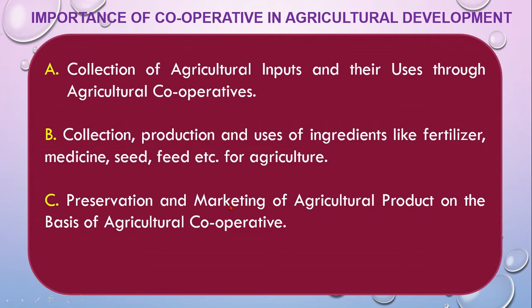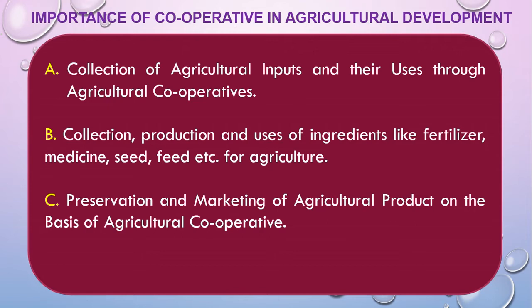So what will be the importance? First one is collection of agriculture inputs and their use in agriculture production. That means if we collect agriculture inputs like fertilizer, seed, livestock feed, poultry feed, fish feed, insecticide, farmers can get this type of equipment or input from the cooperative.